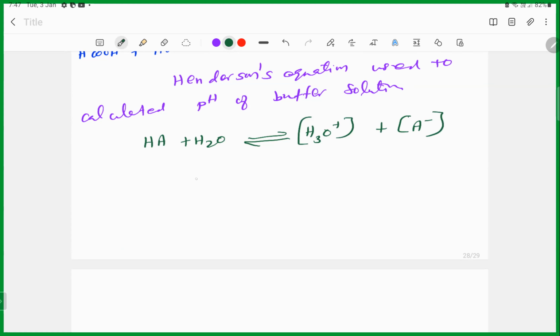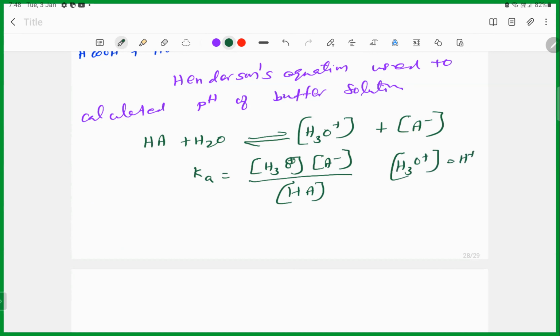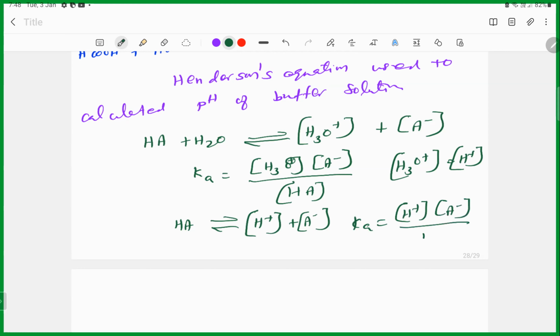So the acid dissociation constant Ka is the product of H3O plus and A minus divided by HA. Please remember H3O plus is equal to the concentration of H plus. Because if you just write HA, it hydrolyzes to H plus and A minus. So what is Ka then? Ka is equal to H plus into A minus divided by HA.